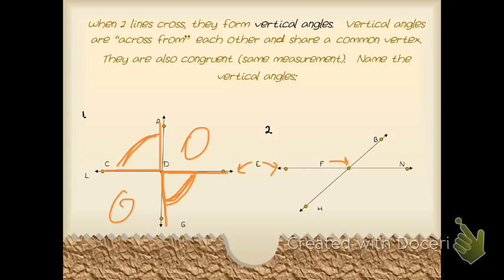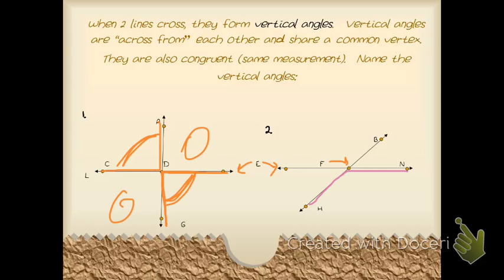Okay, so on the second one, who can tell me what the two vertical angles would be? Samantha. So let's say NFH. That F needs to be the middle letter. Okay, and then what else? Not BFN. Bryce? Nope, that's what she just said.